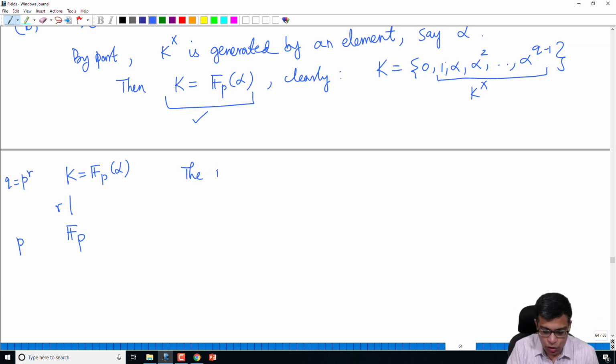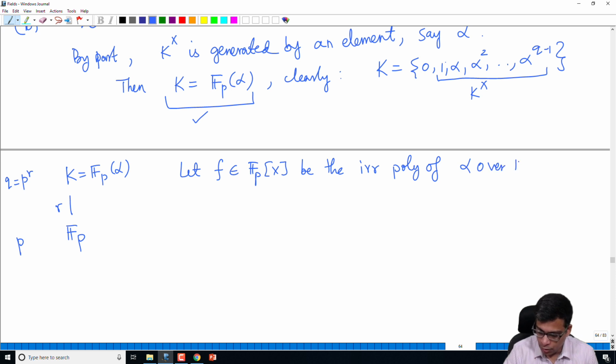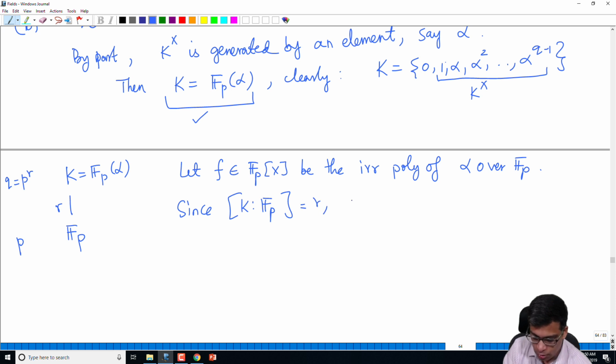So let f in Fp[x] be the irreducible polynomial of alpha over Fp. It is an algebraic element, so we can take its irreducible polynomial. Since [k : Fp] is equal to r, the degree of f is r.